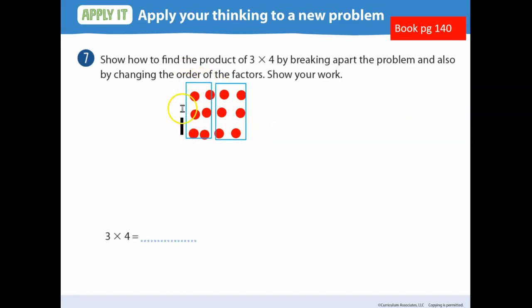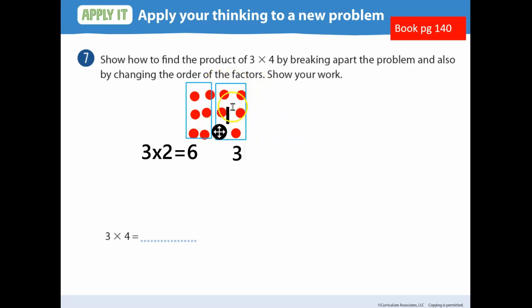The array right here, the first array that I created, how many rows? 3. And how many in each row? 2. 3 times 2 equals 6. But then this array, the one on the right, how many rows again? 3.